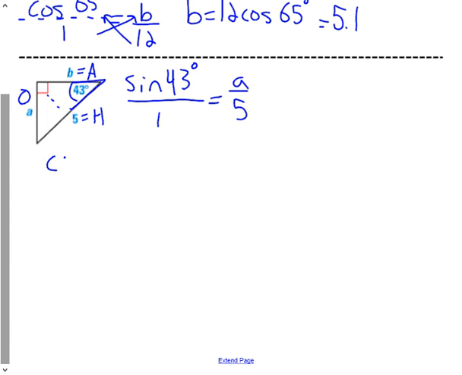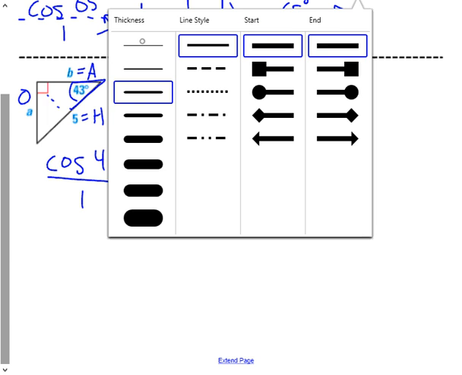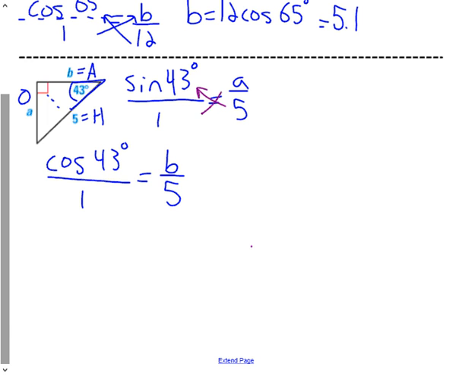And again, the same idea, cosine of the same angle is going to be b over 5. Solving, a equals 5 sine 43 degrees, and b equals 5 cosine of 43.